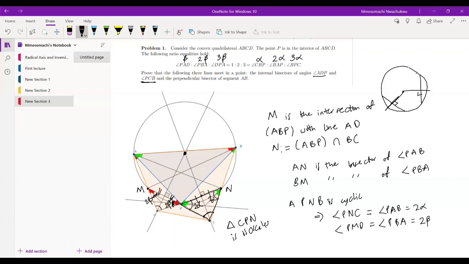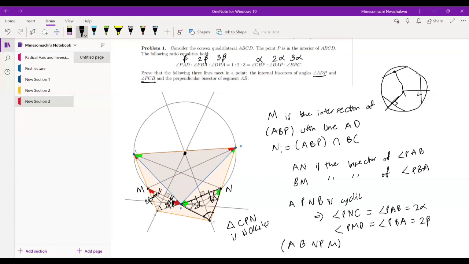Now, from the converse of this theorem, if we have a random chord in this circle, the perpendicular bisector of that chord passes through the center. And so, since AB is a chord in this circle, look at the circle we're talking about, A, B, N, P, M. So AB is a chord.